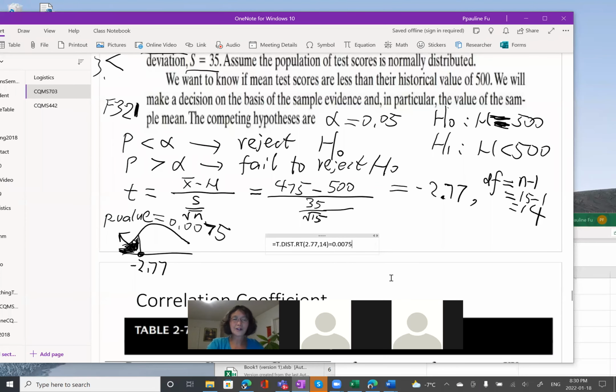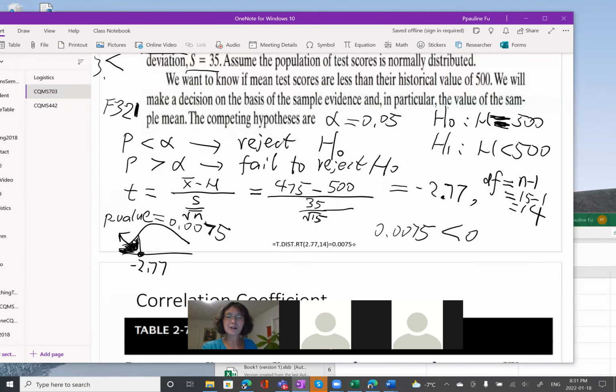So any questions on producing a p-value? Again, if you use the calculator, easy job, F3, F2, F1, you get the result. Here I'm using Excel to produce the result for the p-value. Once you have a p-value, compare it with alpha.